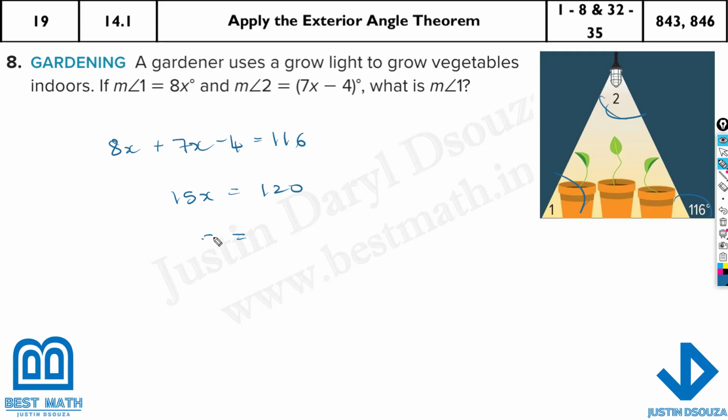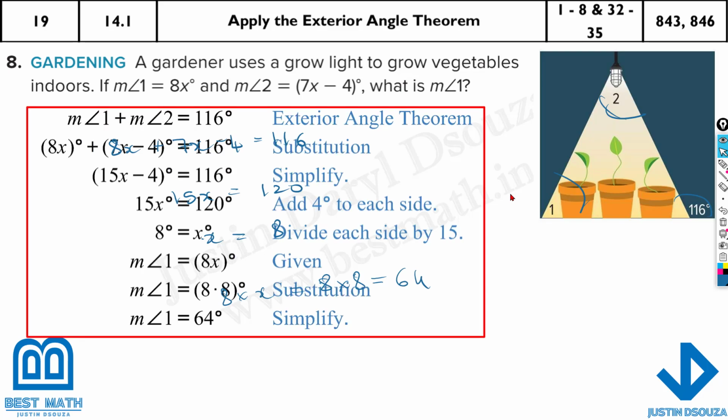Yeah, it's 8. x is equal to 8. And now we need to find what's the measure of angle 1. 8 times x, that is 8 times 8. That is 64. That's it. So that is how we can easily solve it up. See, the x value you found out to be 8. And then put it back in the measure of angle 1, that is 8 times 8, that will be 64.